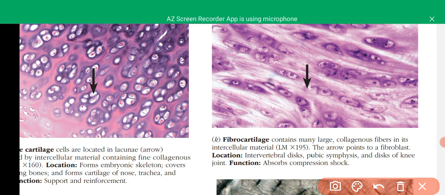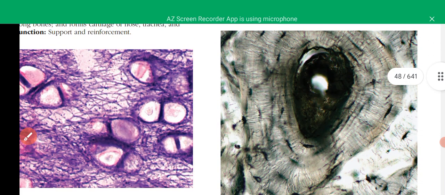And what is their location? Intervertebral discs, the pubic symphysis, where the pubic bones make a joint in front of the hip bone, and the discs of the knees. What is their function? Absorb compression shock. They help in shock absorption.